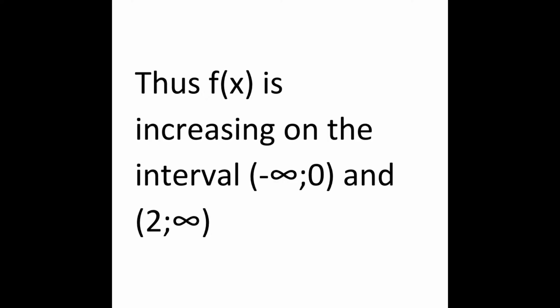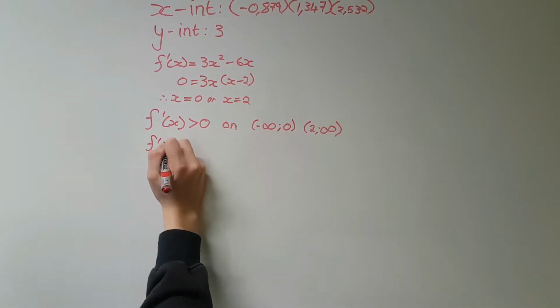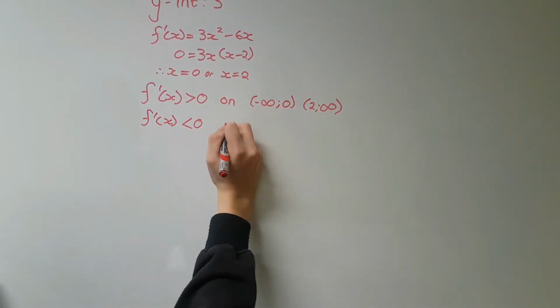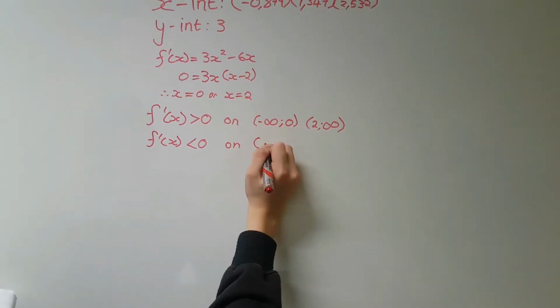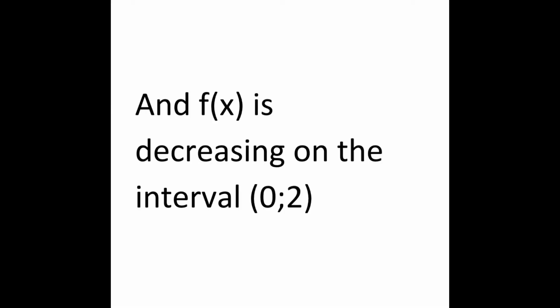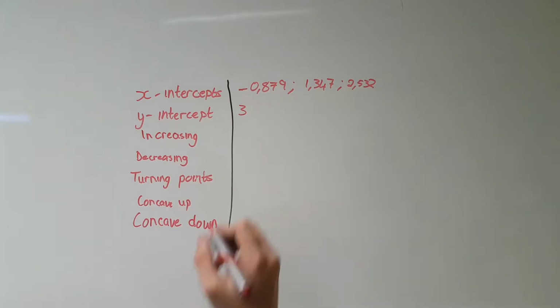Thus, f of x is increasing on the interval negative infinity to 0 and 2 to infinity. And f prime of x is smaller than 0 on the interval 0 to 2, and f of x is decreasing on the interval 0 to 2.